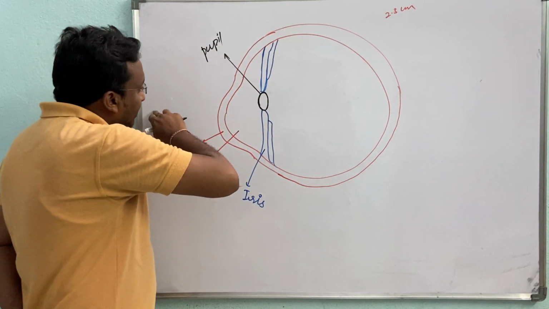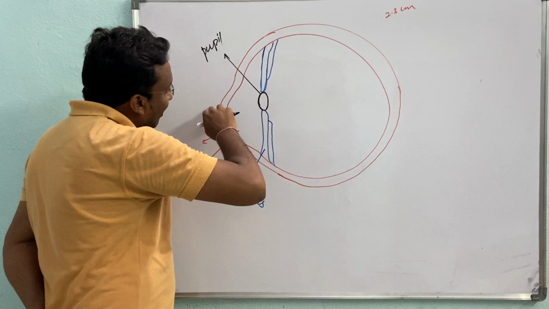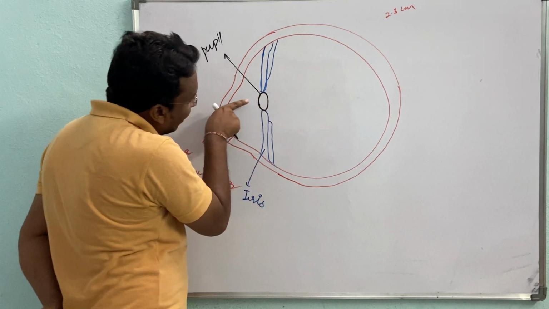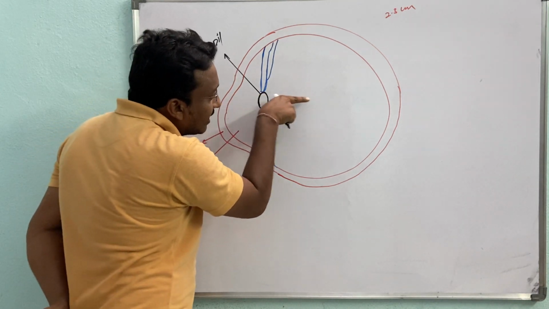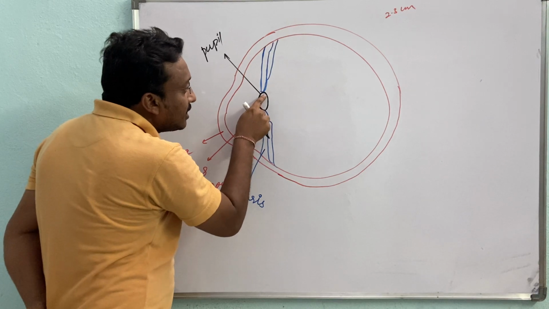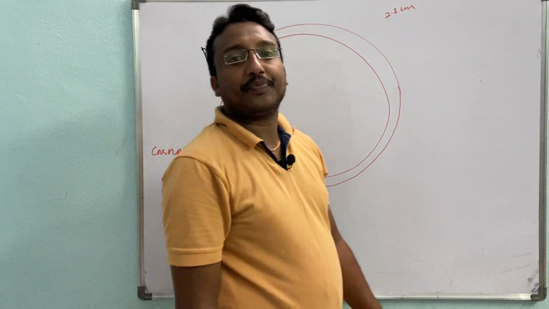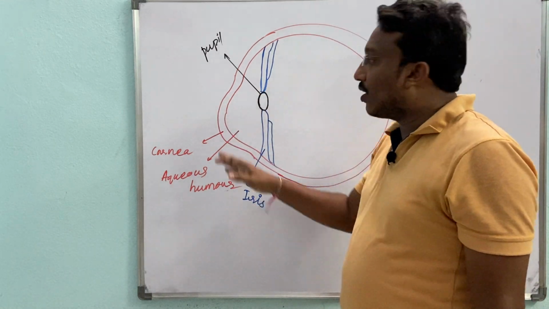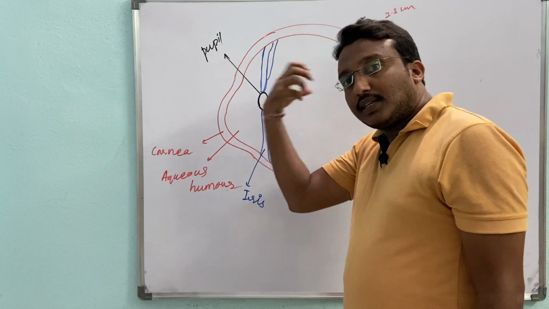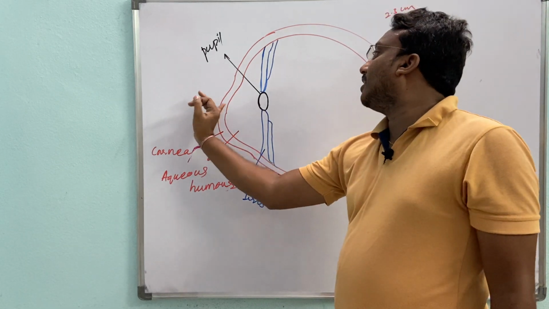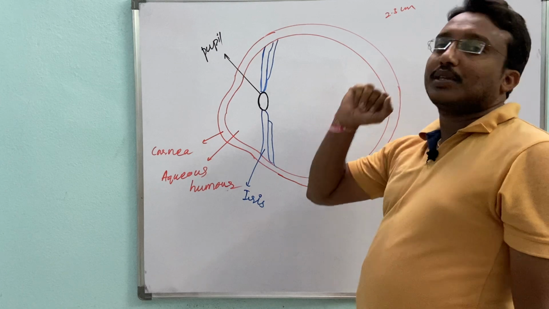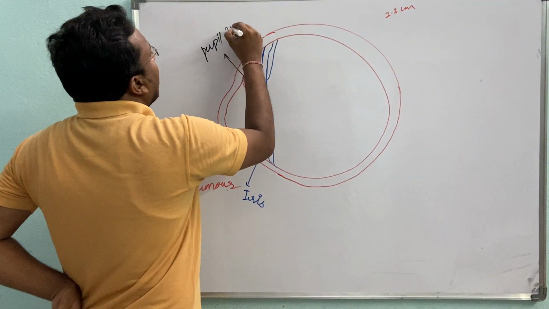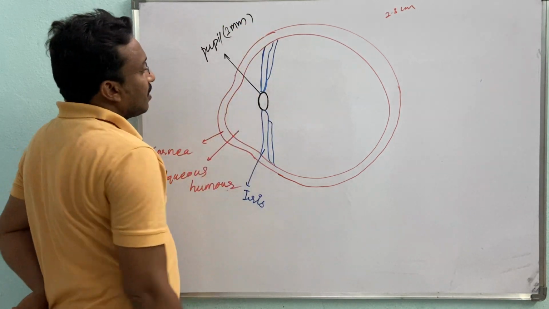The light which falls on the cornea refracts through the aqueous humor and reaches the inner part through the pupil. The pupil's diameter is approximately 1 millimeter.